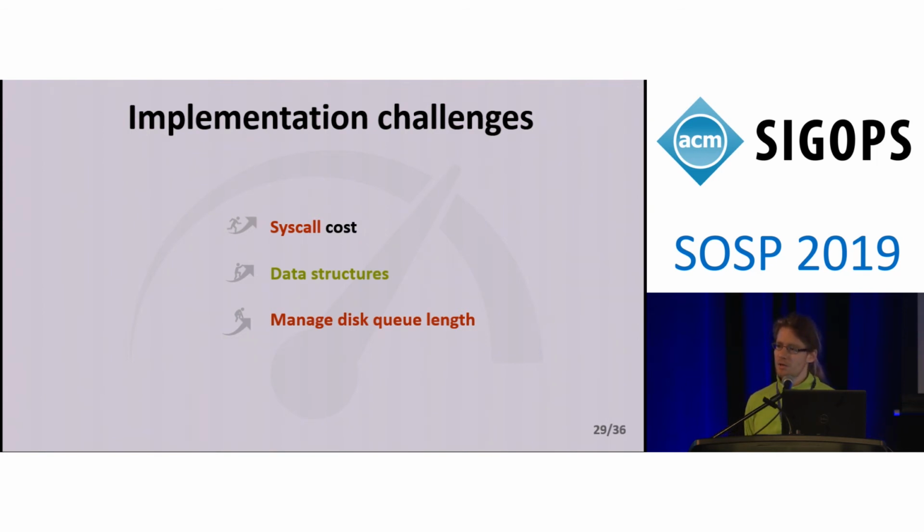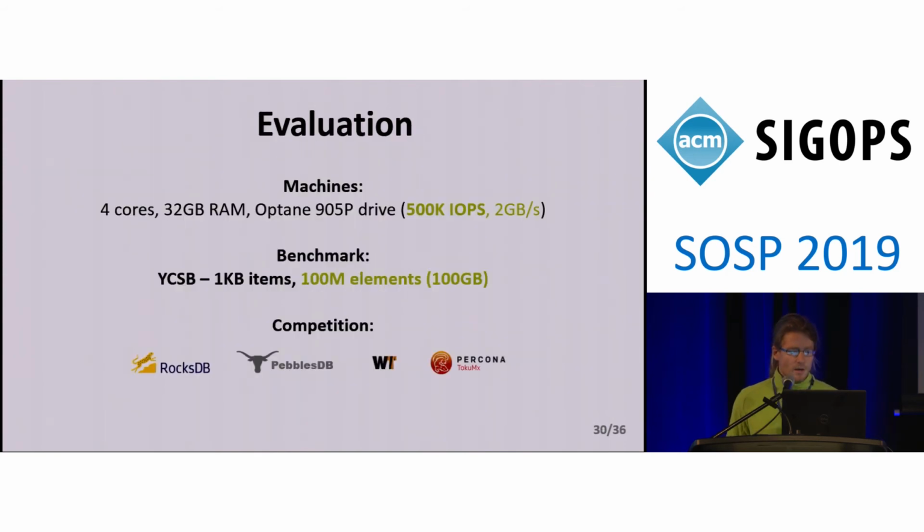We have to use very efficient data structures, and we also have to manage the queue length of disks to make sure that disks always have some work pending. All the details are in the paper. Unfortunately, I don't have time to present them in this talk, but if you want to talk about them, I will be happy to. So I will now go to the evaluation.